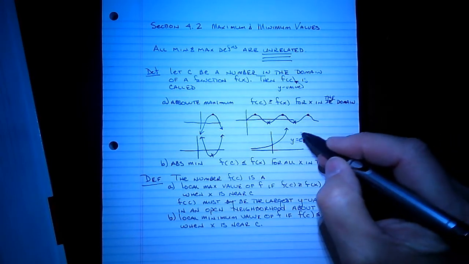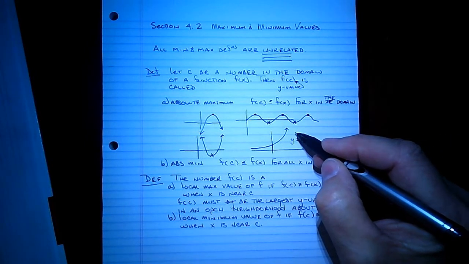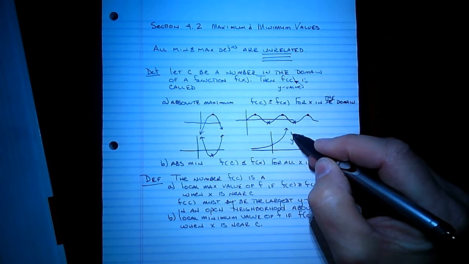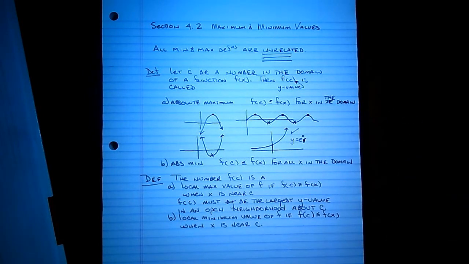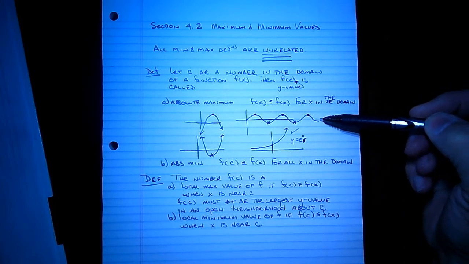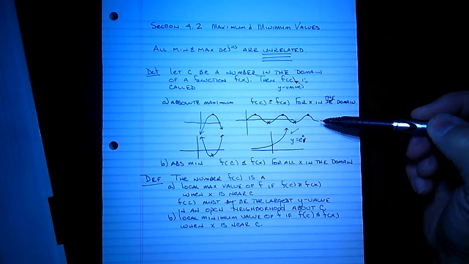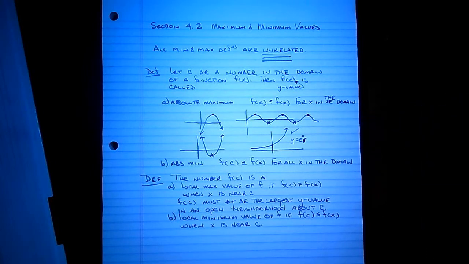This function right here, while we have not done examples or drawn examples yet of local mins and maxes, does not have any of the 4. It doesn't have a local min, it doesn't have a local max, it doesn't have an absolute min, nor does it have an absolute max. Whereas this function right here, the sine curve, has all 4 of them.